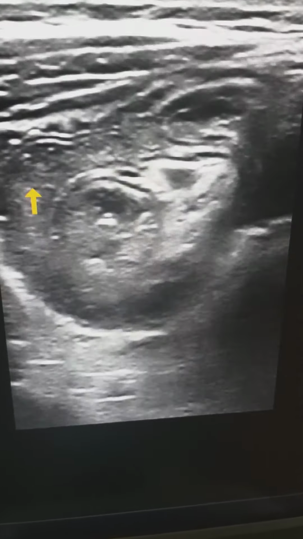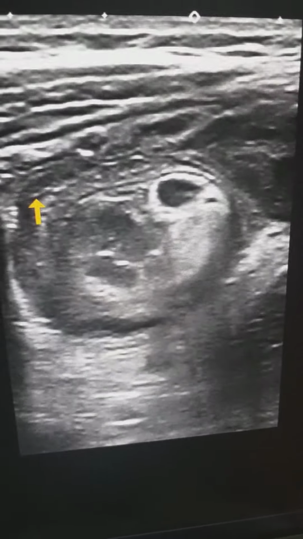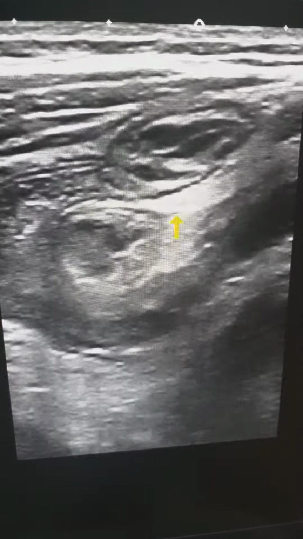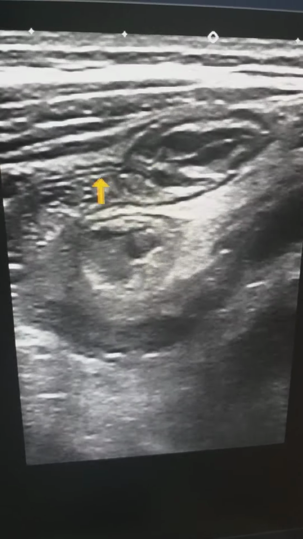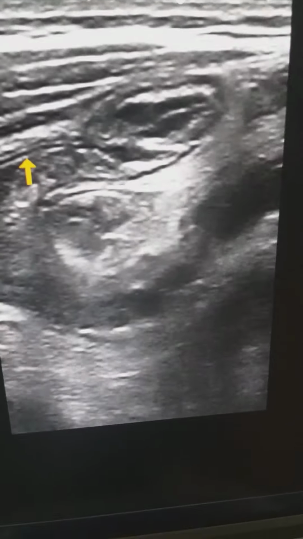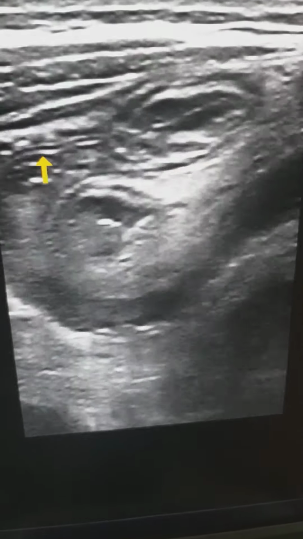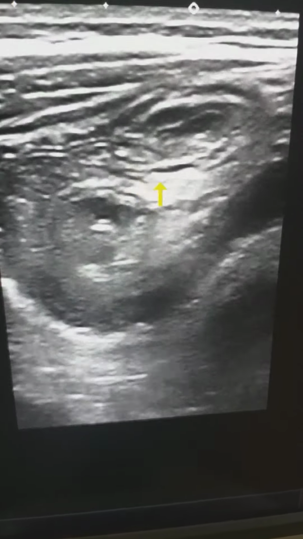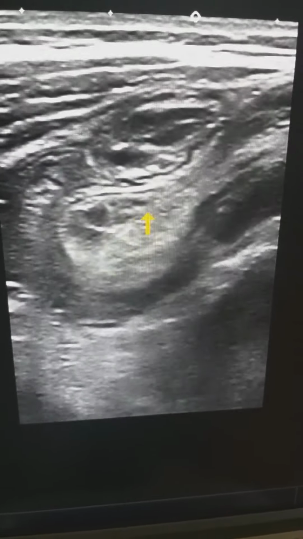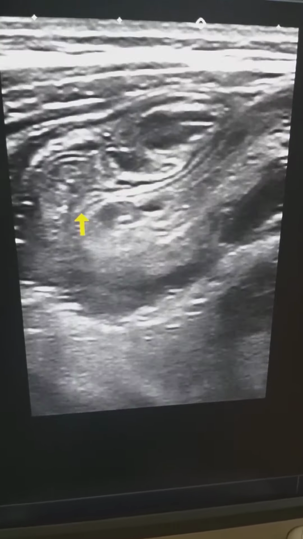This gut loop is a recipient which is receiving this gut loop. This is the recipient or receiving gut loop, called the intussuscipiens, and this is the donor gut loop which is inserting into the other gut loop.